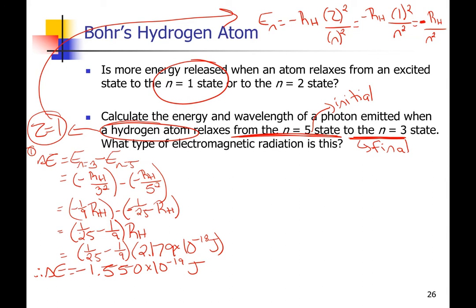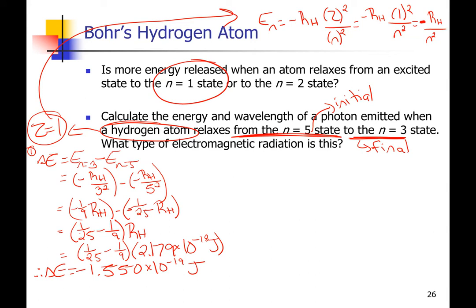And when I look at the sign of my answer for delta E, it is negative, which corresponds to emission, which is what this question is describing, emission of energy as the atom relaxes to a lower energy state. So delta E should be negative. So I'm happy with this answer. It's negative as it should be. It has a magnitude that is consistent with what I expected.